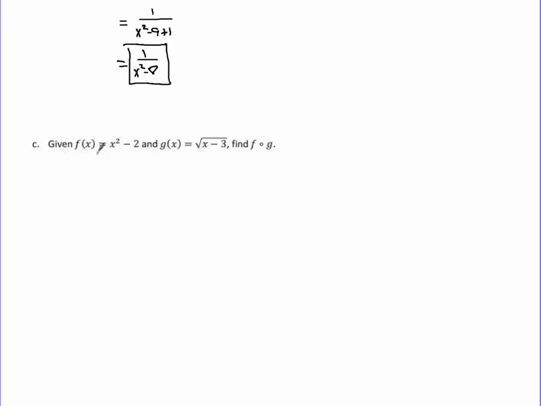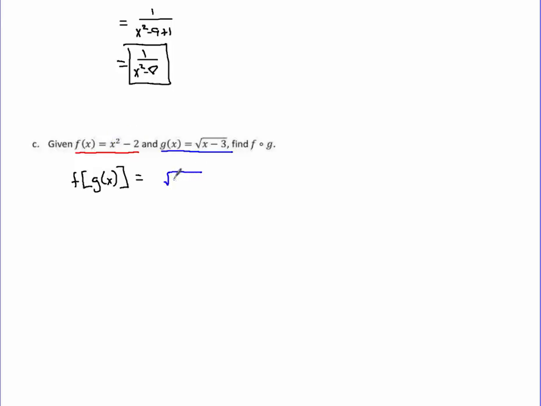So now we've got the new f of x and g of x. So we're doing f of g of x. So everywhere there's an x in f of x, we're going to put g of x.